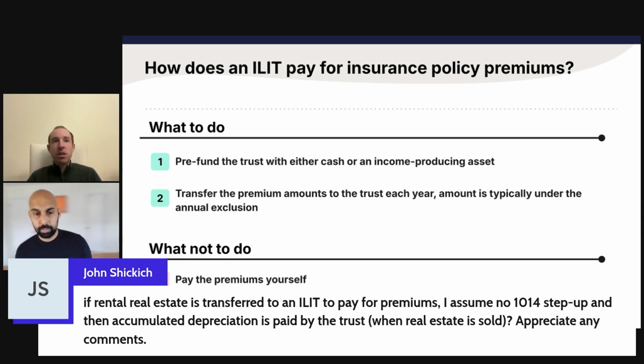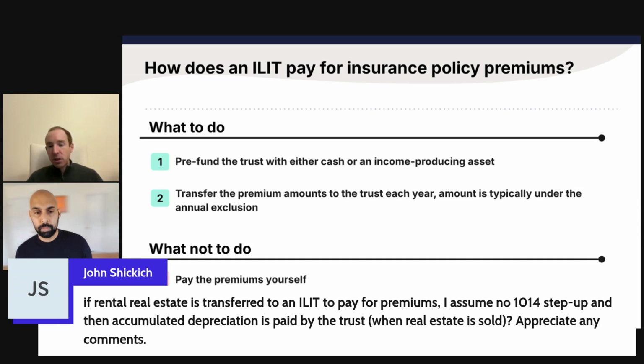So you get the real estate appraised, and it's appraised at $5 million. You pay the trust $5 million for the real estate, and the trust gives you the real estate back. Now the appreciated real estate is back in your name, so if you died, you get a basis step up. And the trust now has $5 million of cash or stock or whatever it is that has a higher basis.